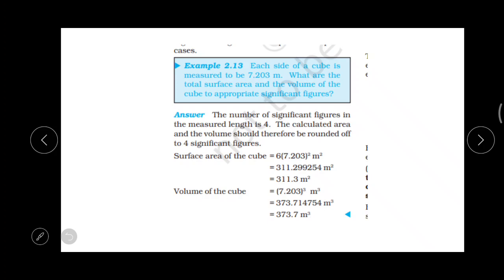As that value 1 is less than 5, the preceding value remains as it is. So the 7 remains as it is. Then the resultant value will be 373.7 meter cube. The number of significant figures will become 4 only.